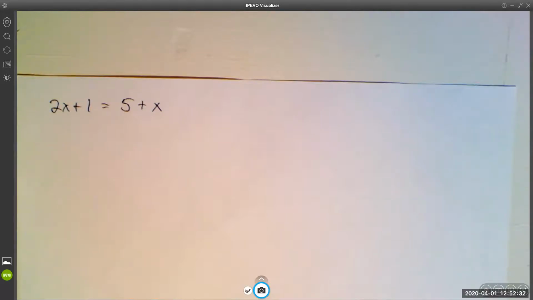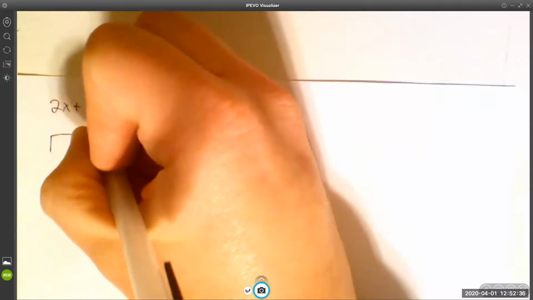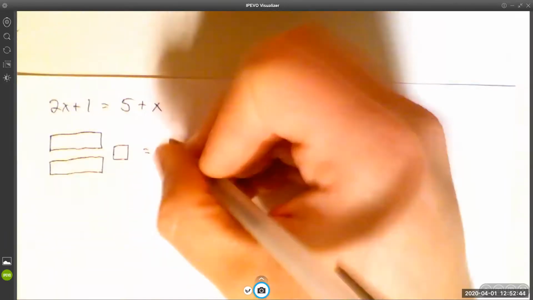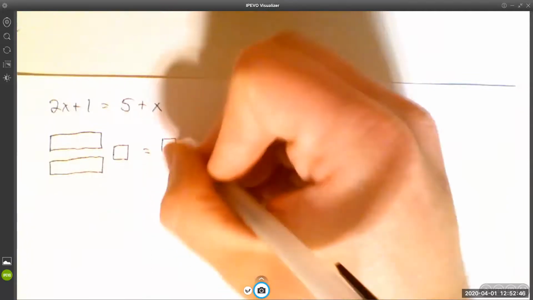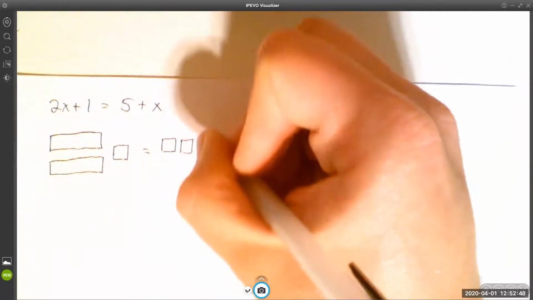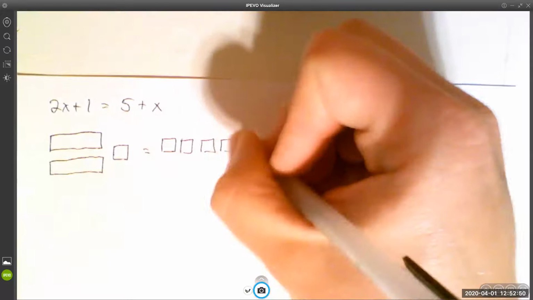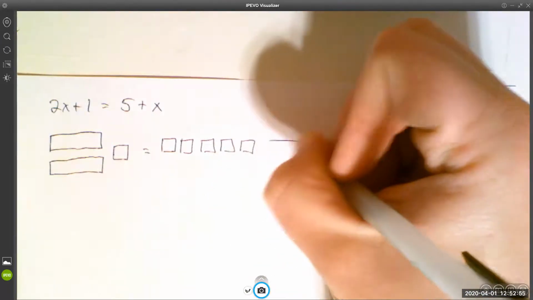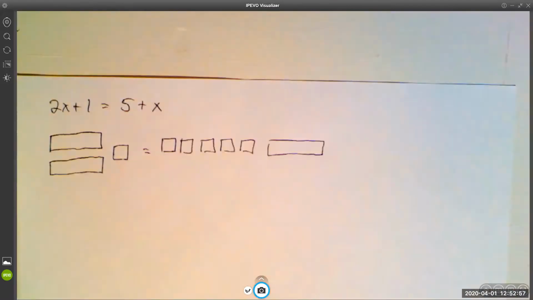Here's my solution. Okay, so this is what it would look like initially. 2x plus 1 equals 5 plus x.